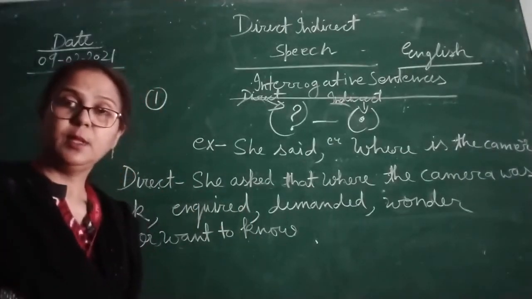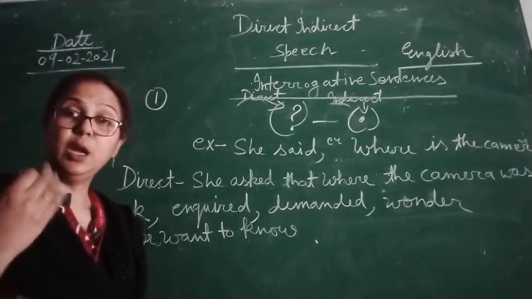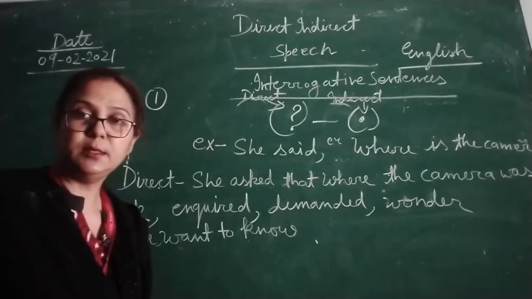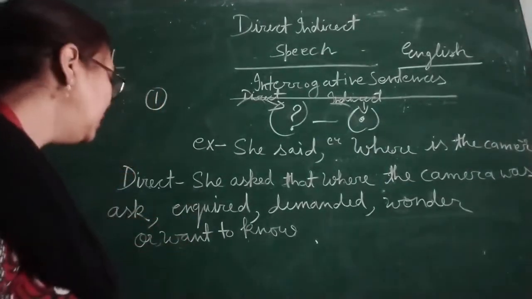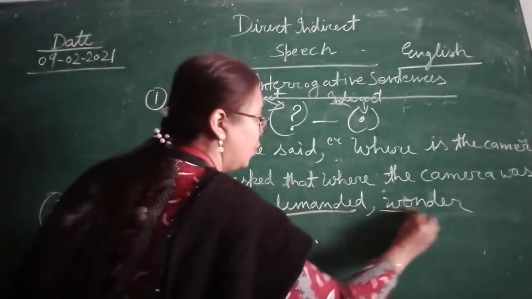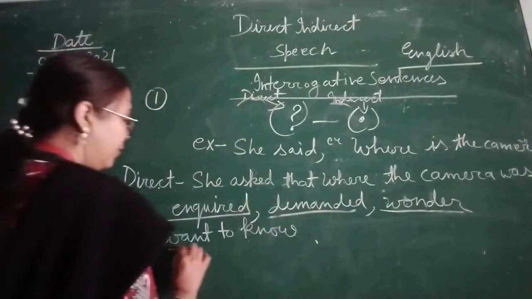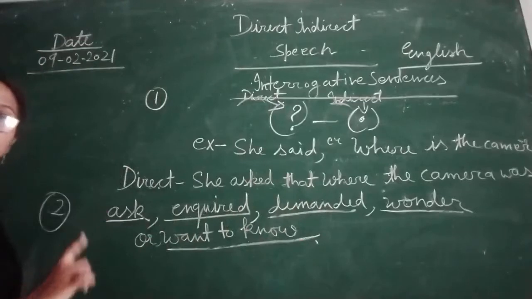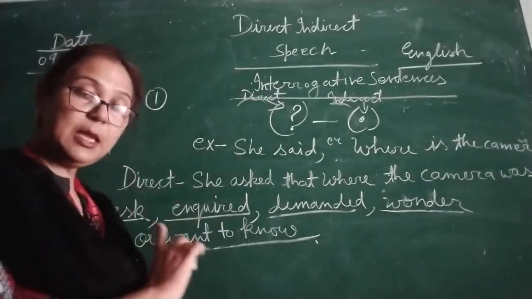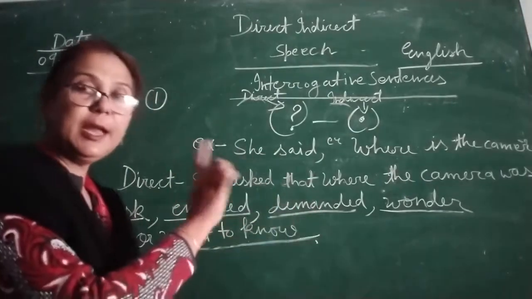So children, first of all, you should learn to comprehend the meaning of the sentence. Okay children. Now here asked, inquired, demanded, wonder or want to know, that we will use in place of said while making direct to indirect speech.